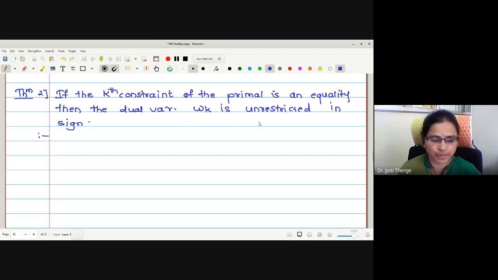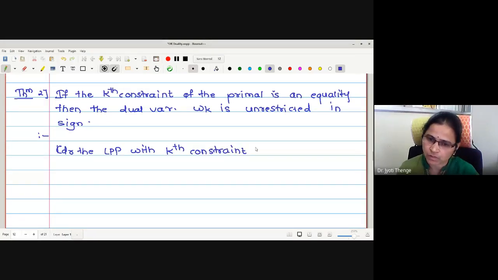Take the kth constraint of the primal as an equality. Therefore, we will write one LPP where the kth constraint is an equality, and then we will find its dual. Consider the LPP with the kth constraint as an equality.